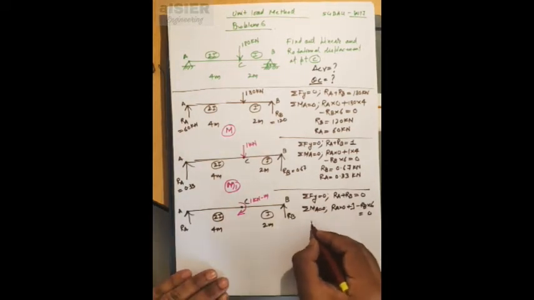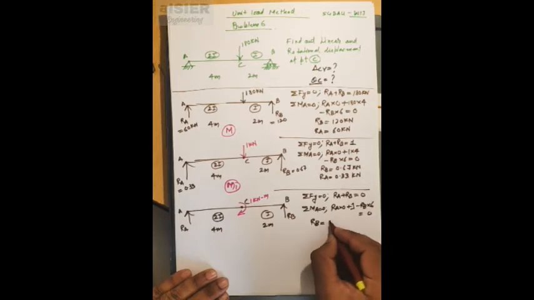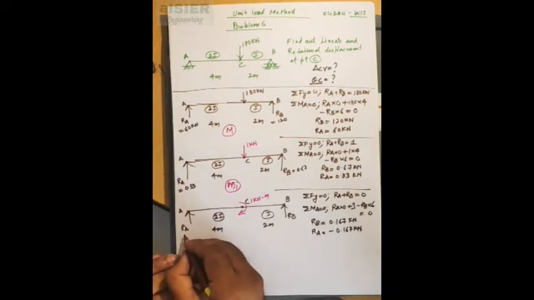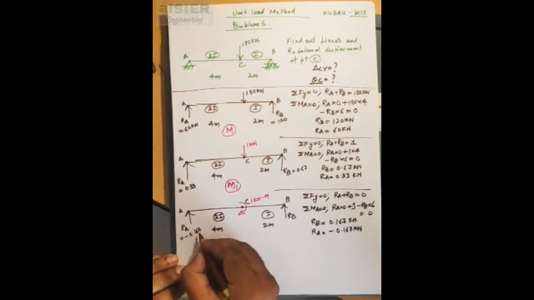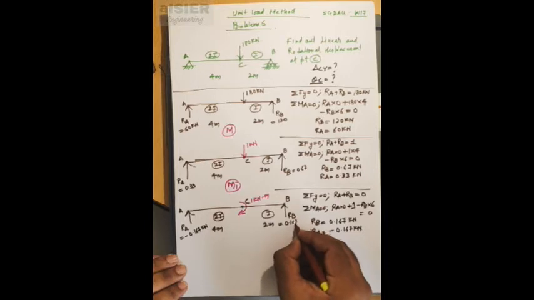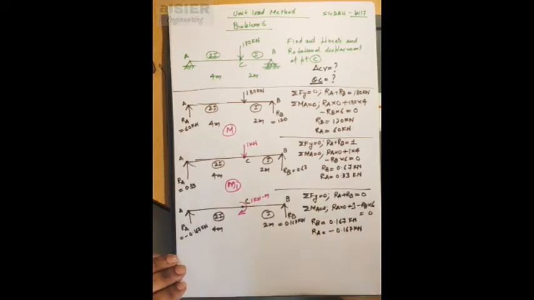So we will get Rb is equals to 0.167 and Ra is equals to minus 0.167 kilonewton. So I will write down here Ra is minus 0.167 kilonewton and Rb is plus 0.167 kilonewton. We will name this diagram as M2 diagram.